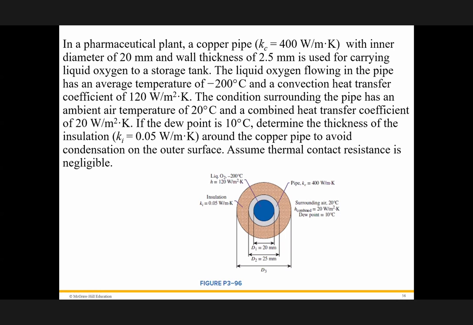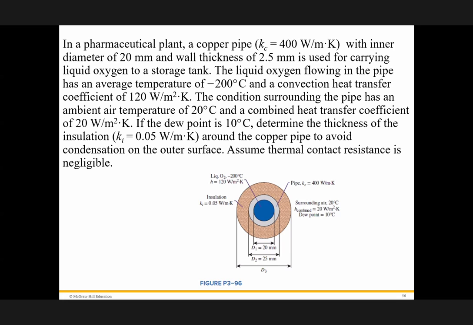Read it again, try to understand, okay? Don't be shy. If you have any question, ask. Because in order to be able to solve the problem, you have to really understand what is going on. We consider one direction. It is one dimensional transfer.